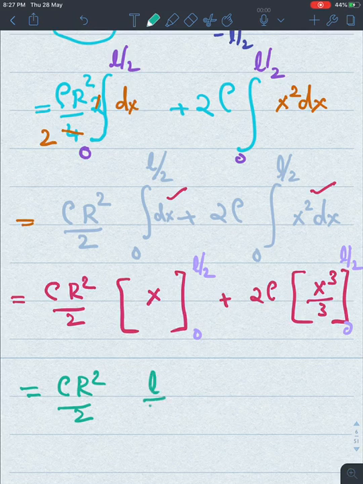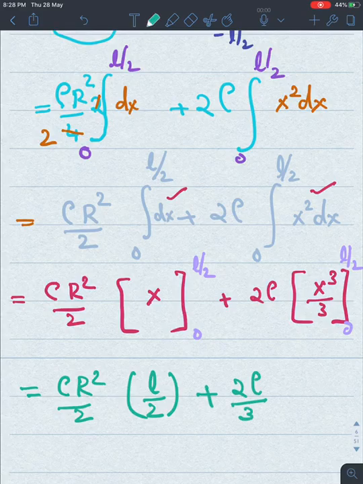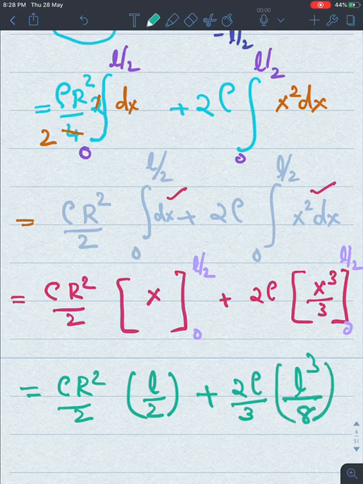So x becomes L by 2 in the first term, and in the second, 2 rho, taking 3 outside, gives L cube by 8 inside.